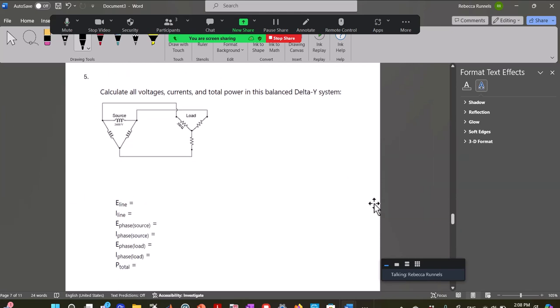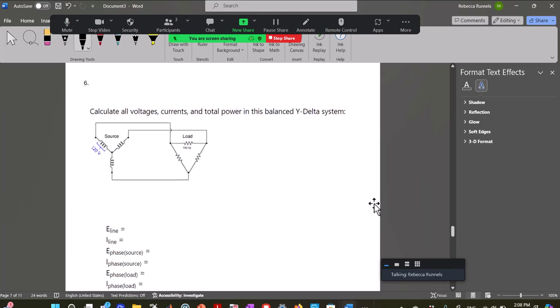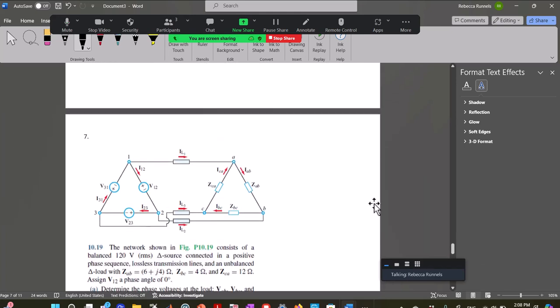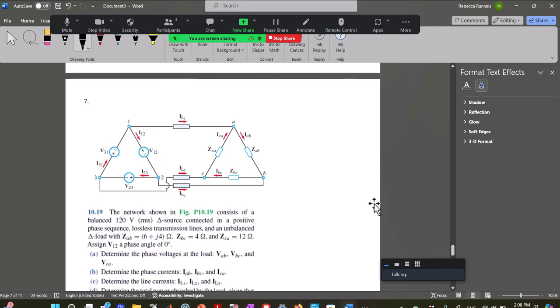So this one is a delta-Y, and this one is a Y-delta. But in one of your examples, didn't he do a delta-delta? He did, but he told us to convert it to YY.